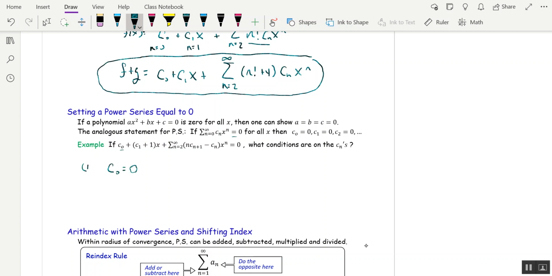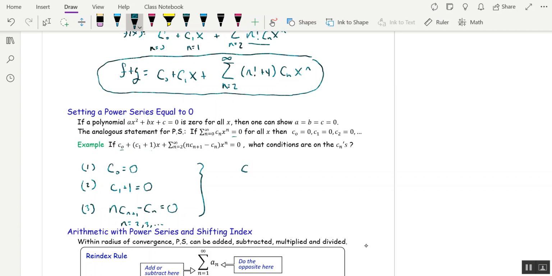So I'll call this equation 1. Equation 2 is that the coefficient of the x term has to be 0. C1 plus 1 has to be 0. And then equation 3 would be all the other coefficients have to be 0. So n plus 1 minus cn has to be 0, and that's for n equal 2 to infinity. So I'll have 3 equations.